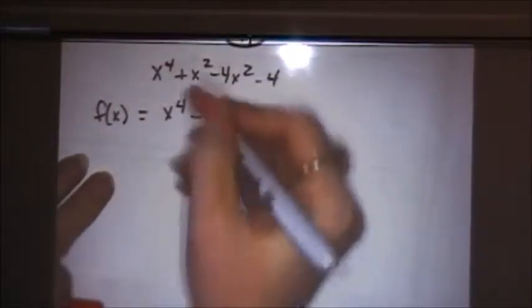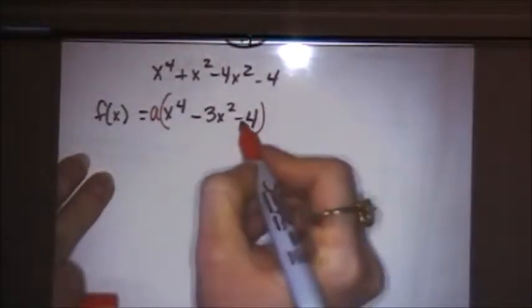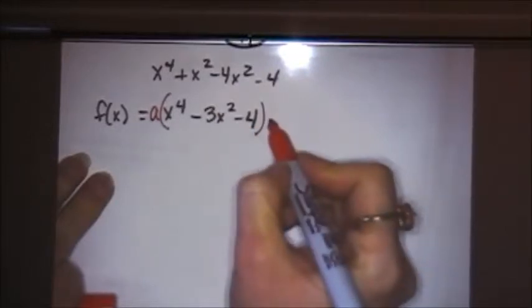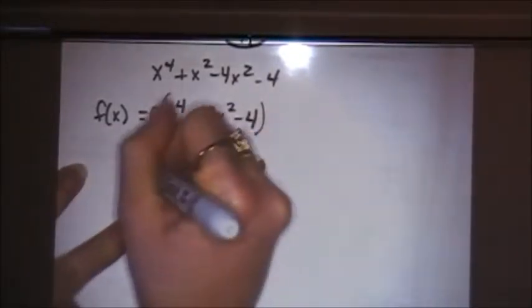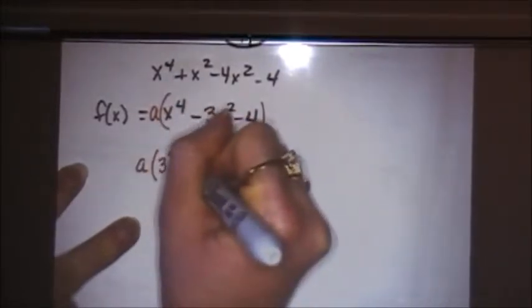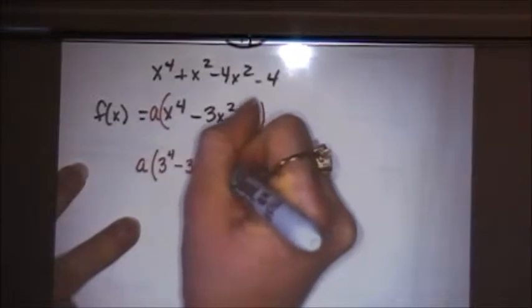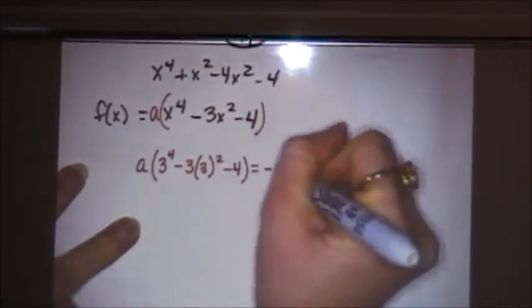I'm going to take my function, put it in parentheses, and put an a value in front of it. Now I need this to equal -150 if x is 3. So I'm going to write a times 3 to the 4th minus 3 times 3 squared minus 4. And that should equal -150.